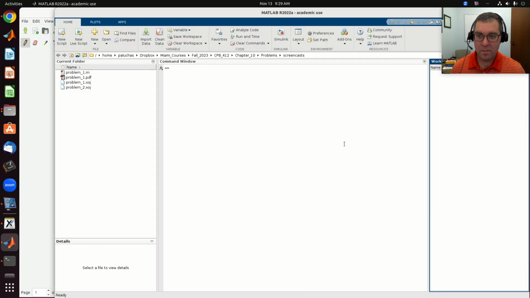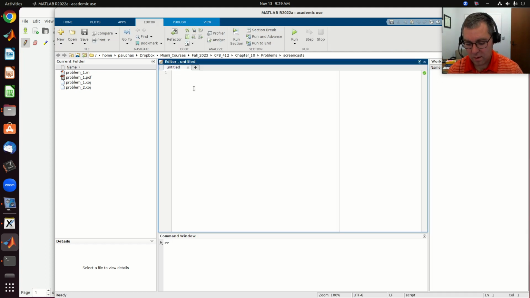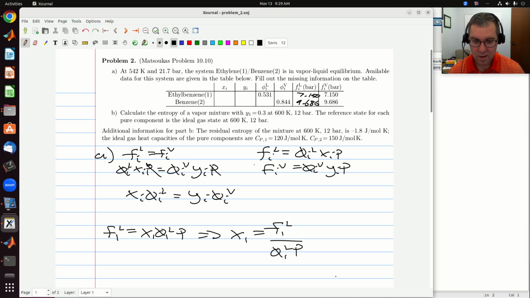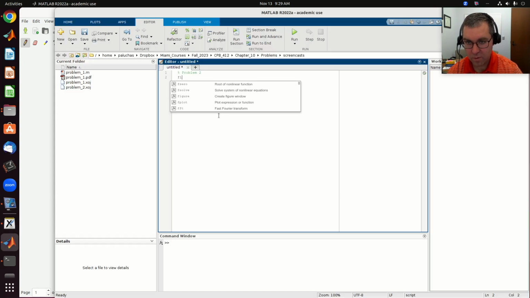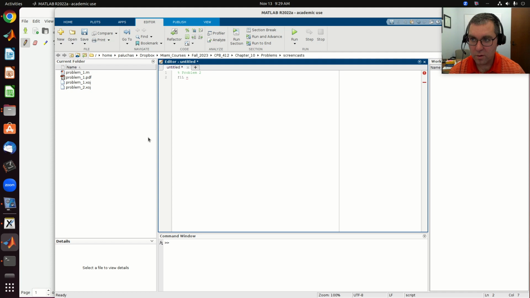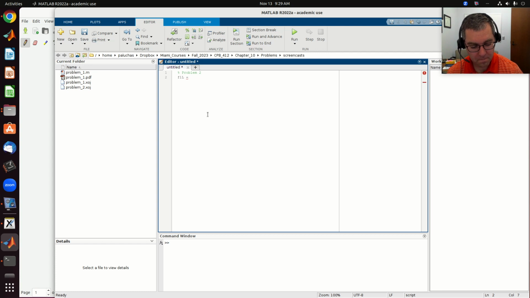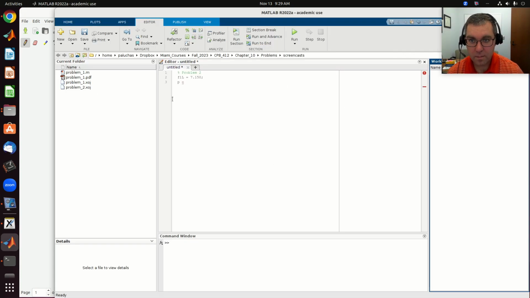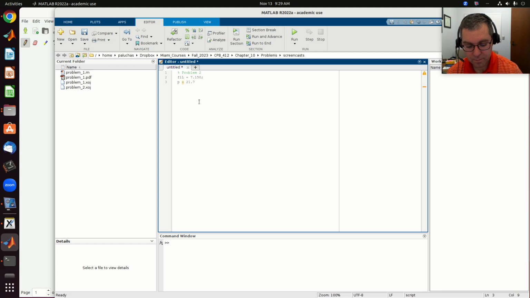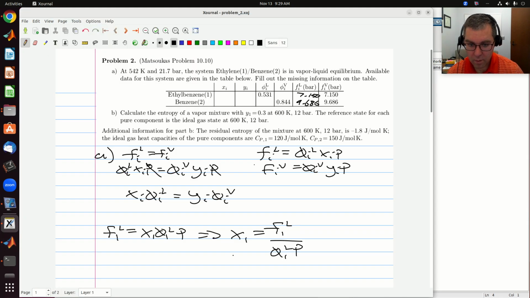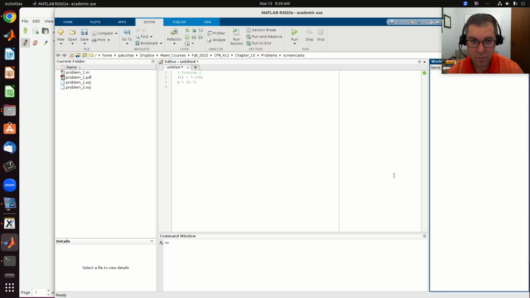Let's do it. I'm going to make a new script, and I'm going to call this problem 2. In terms of what I need, I need f1L, which is 7.150, P, which is equal to 21.7, and phi1L, which is 0.531.